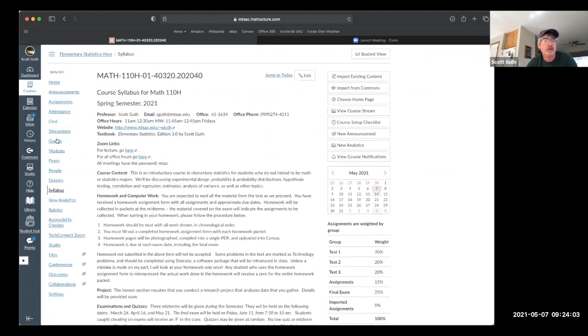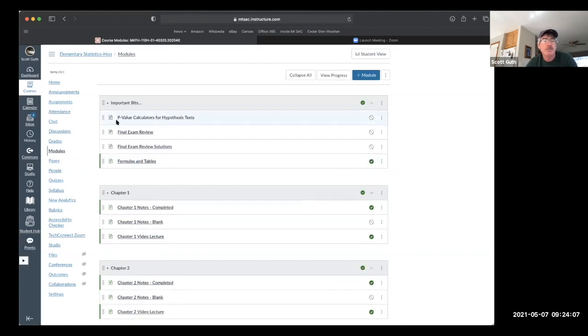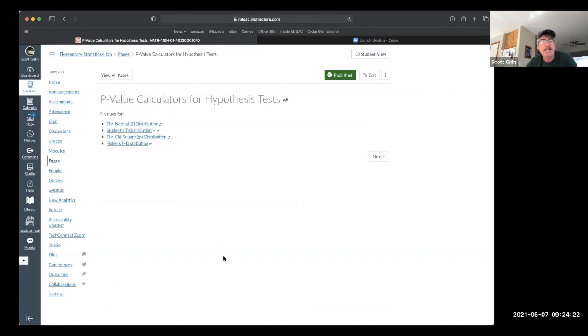Under modules, I don't know if these are published or not, and I'll make sure they are. P-value calculators, boom, it's published. So if you go into Canvas, modules, there's a module called important bits. The p-value calculators will allow you to not have to do any p-values from tables.